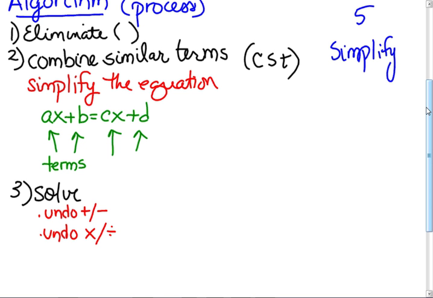My recommendation when you undo the adding, subtracting part is to undo the variable part first, not the just plain old numbers. You don't have to, but I'm telling you, you will run into fewer problems. And you saw some of those because of the way the equations were set up. Okay, that's what we do to solve.